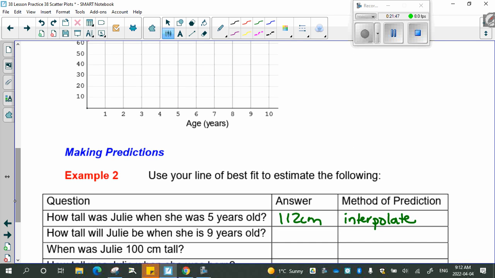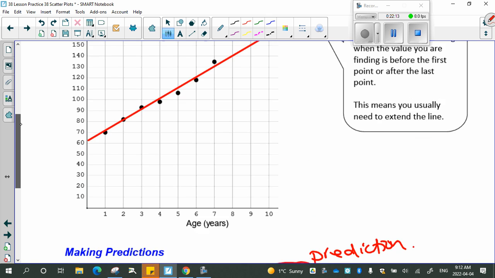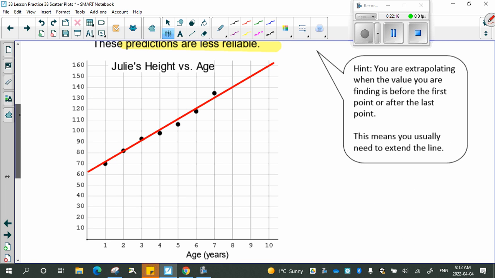This is just a prediction, estimate, prediction, okay? So you're right, Kylie. She was only 106 centimeters tall, but according to my line of best fit, it looks like she was about 112, okay? So obviously the prediction is less reliable than the table of values, right? But it's more reliable than if I extended the line. So since I'm finding it within the data, it's fairly close to what she actually was.